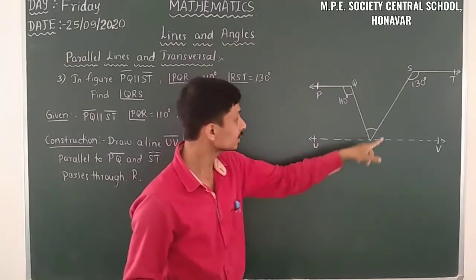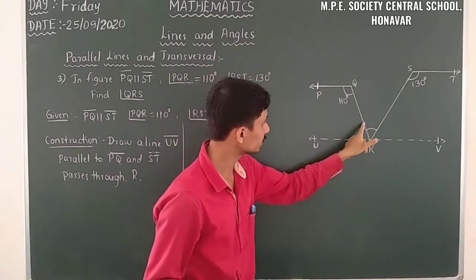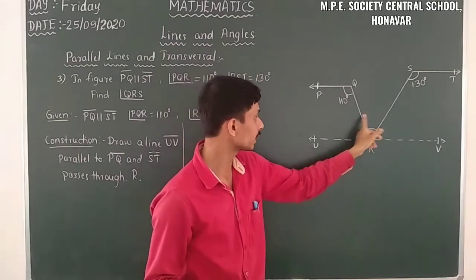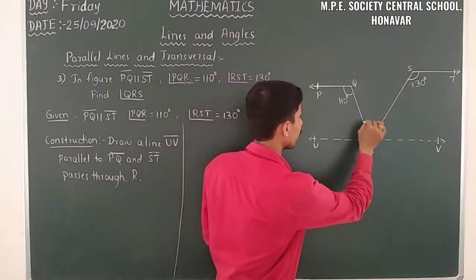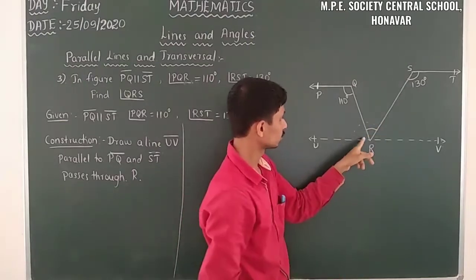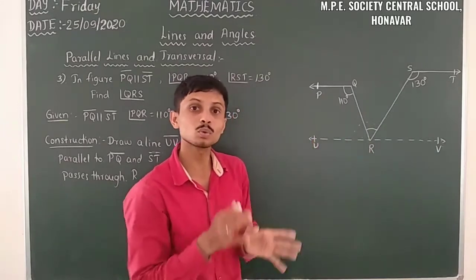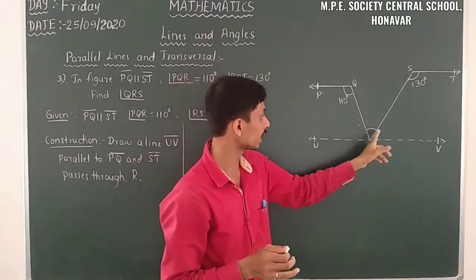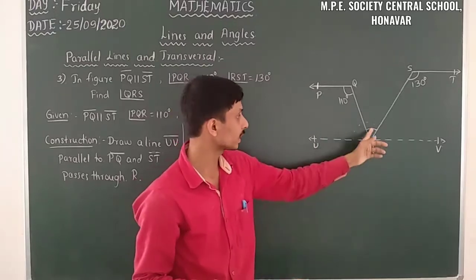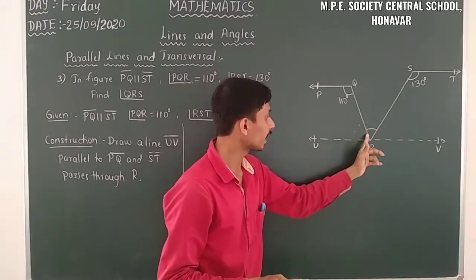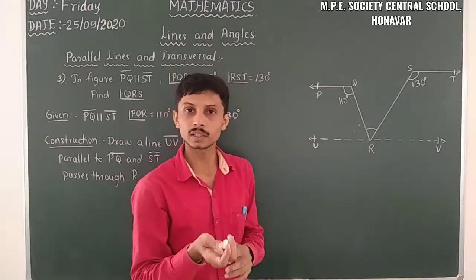And another case is when this complete angle is given, then we can find out. So there are two cases. When we have this angle and this angle, we can find out this angle. And when we have this complete angle and this small angle, then also we can find out.